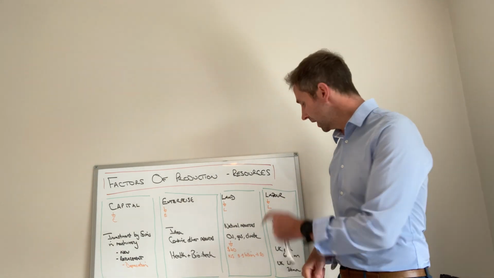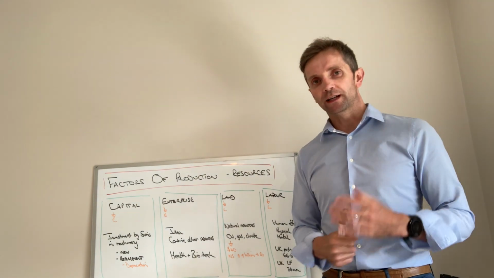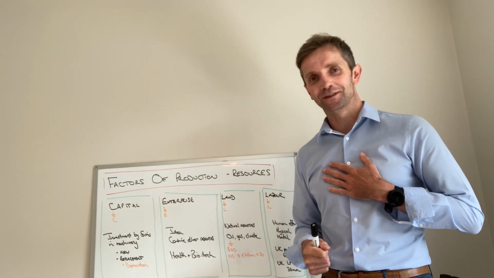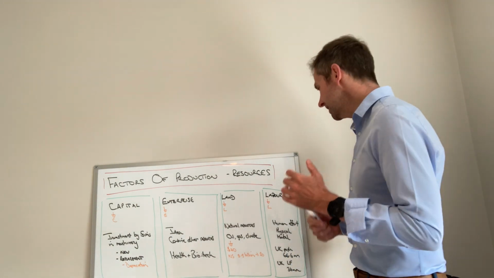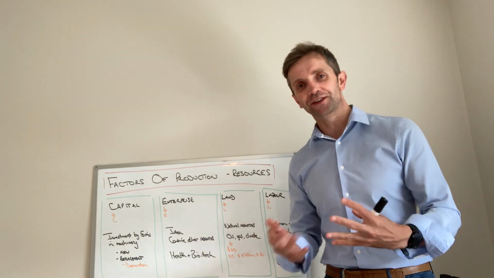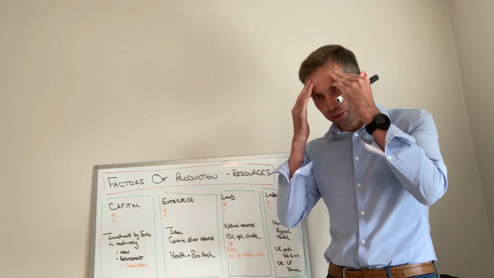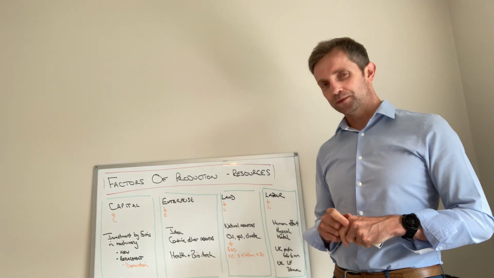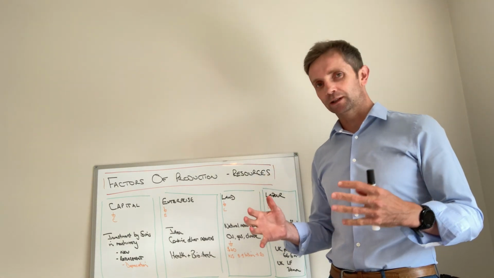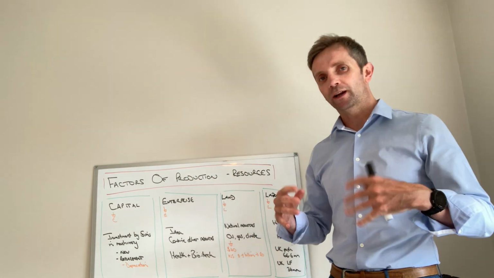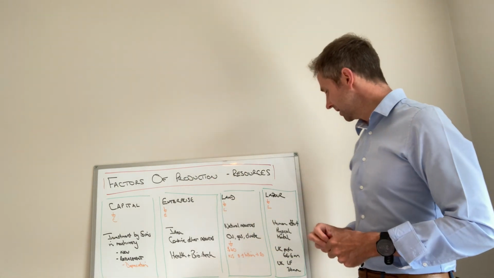And then finally, labour. So that's you, that's me, and it's human effort, both physical and mental. So we're either using our brains, or perhaps we're particularly good with our hands, joiners and sparkies and plumbers and all that type of thing.